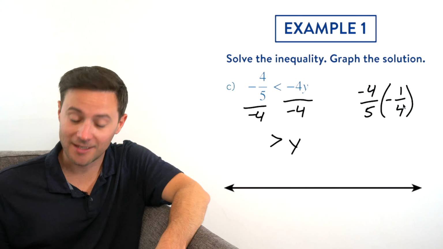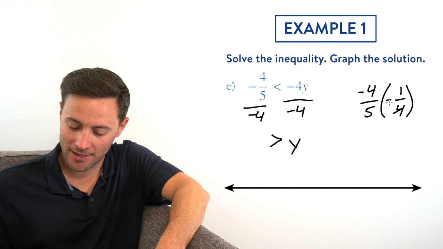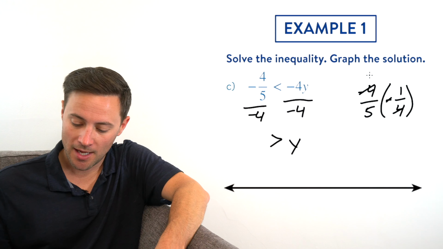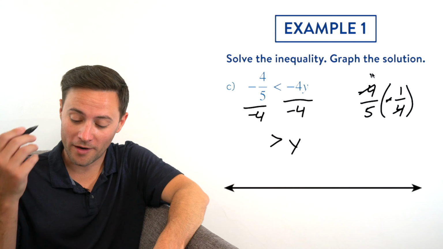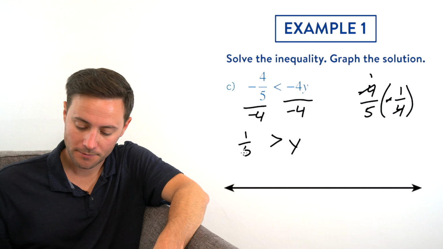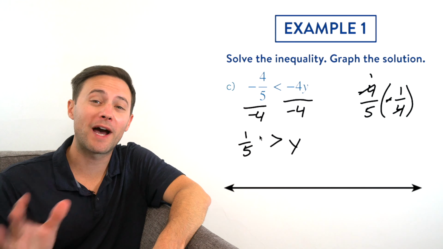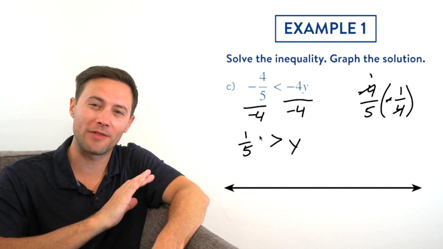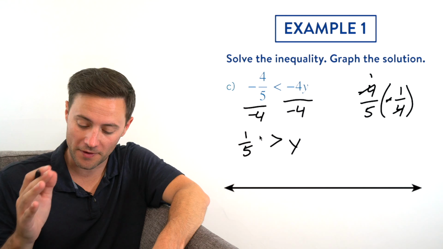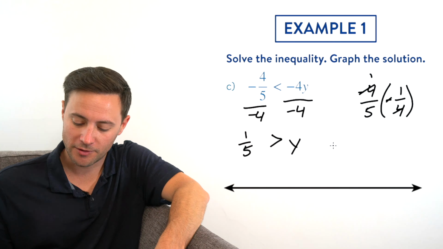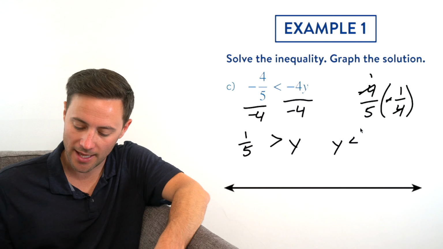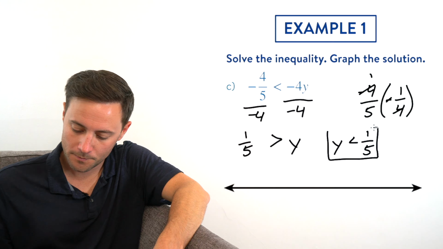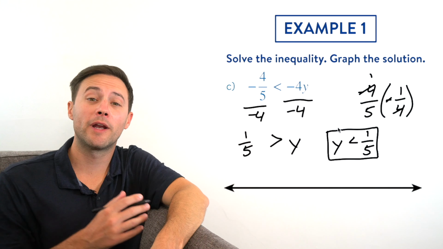The nice thing is those 4's are going to simplify and the negatives, and we just have 1/5 left over. Before I graph, let's rewrite it with the variable on the left side. So instead of 1/5 is greater than y, let's write y is less than 1/5.